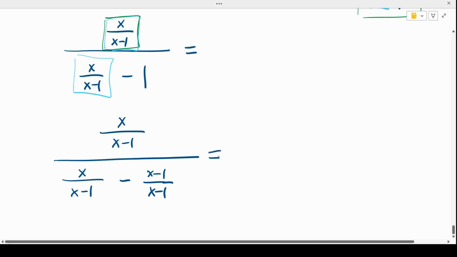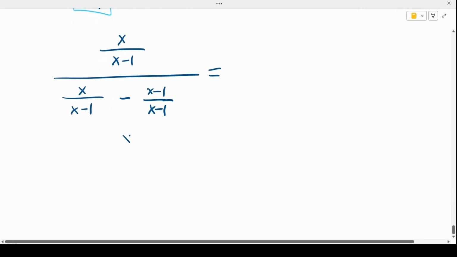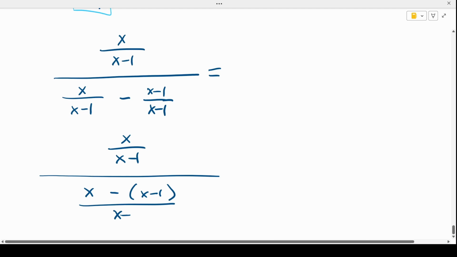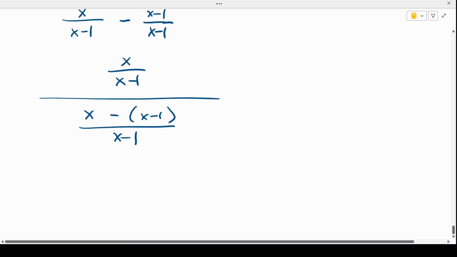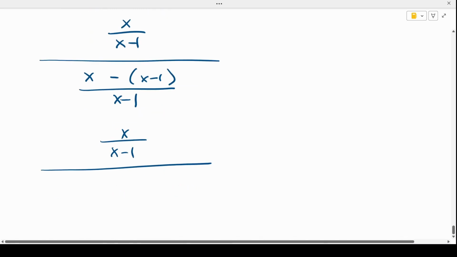So my next step is that I have x over x minus 1 over x minus 1 over x minus 1. So here now I'm subtracting these numerators. That's what this is here. Okay, let's go ahead and do that. So we have x over x minus 1 over x minus x is 0 minus negative 1 is 1.